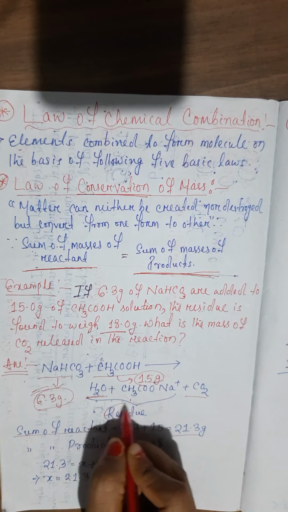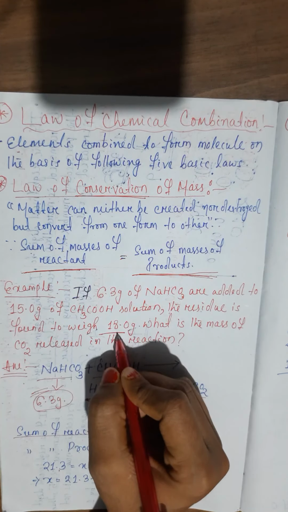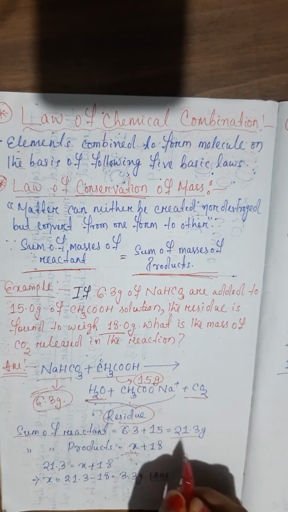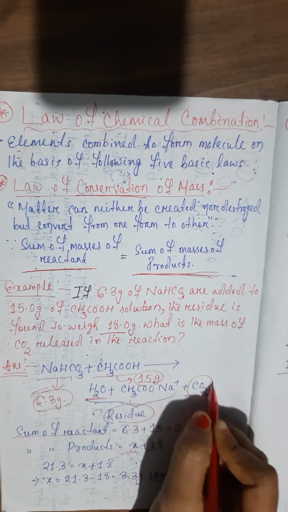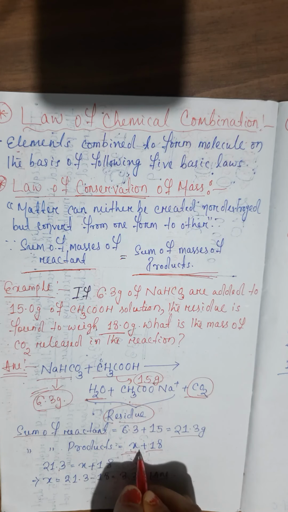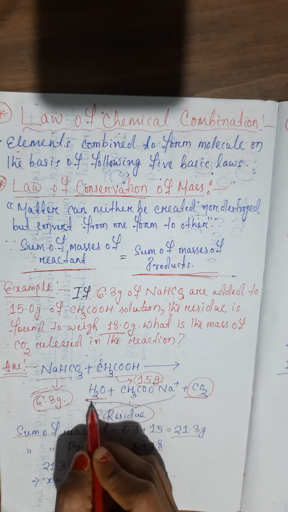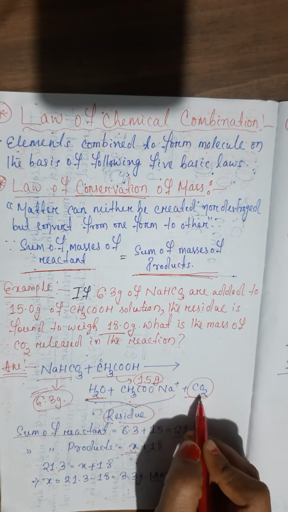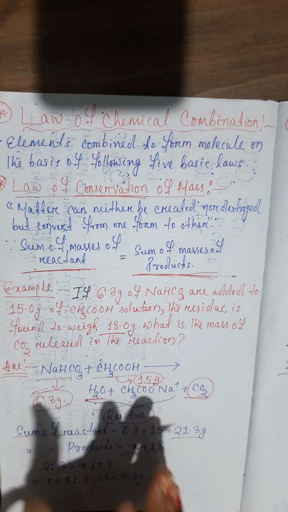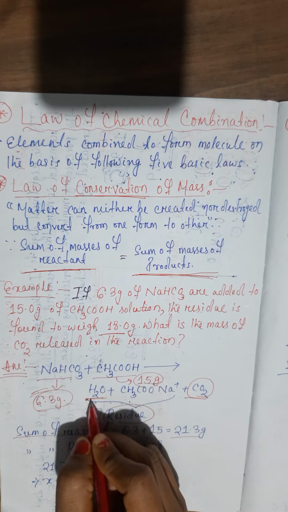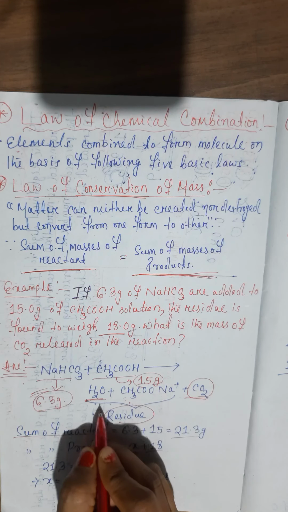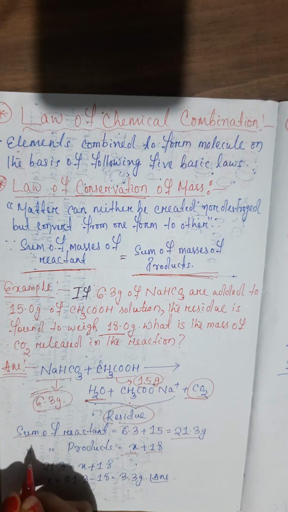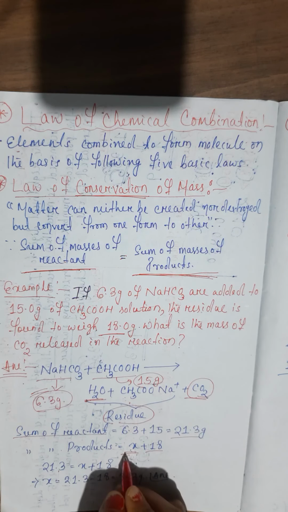Because for the residue 18 gram is given, but for CO2 nothing is given. On the product side we have H2O along with CH3COONa and also CO2; data is given only for H2O and CH3COONa, which come under the residue, but for CO2 nothing is given. So that's why for CO2 we have taken X.